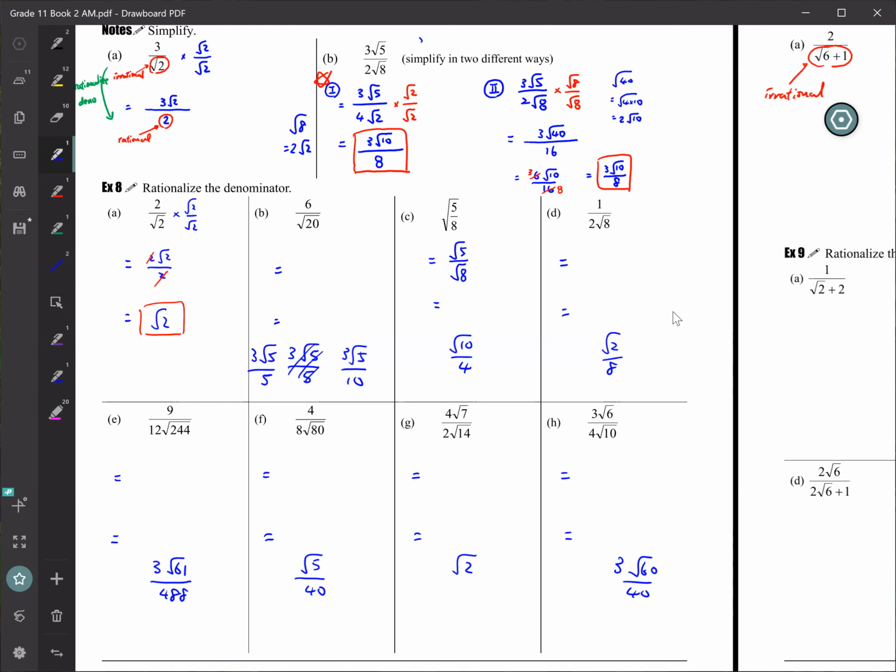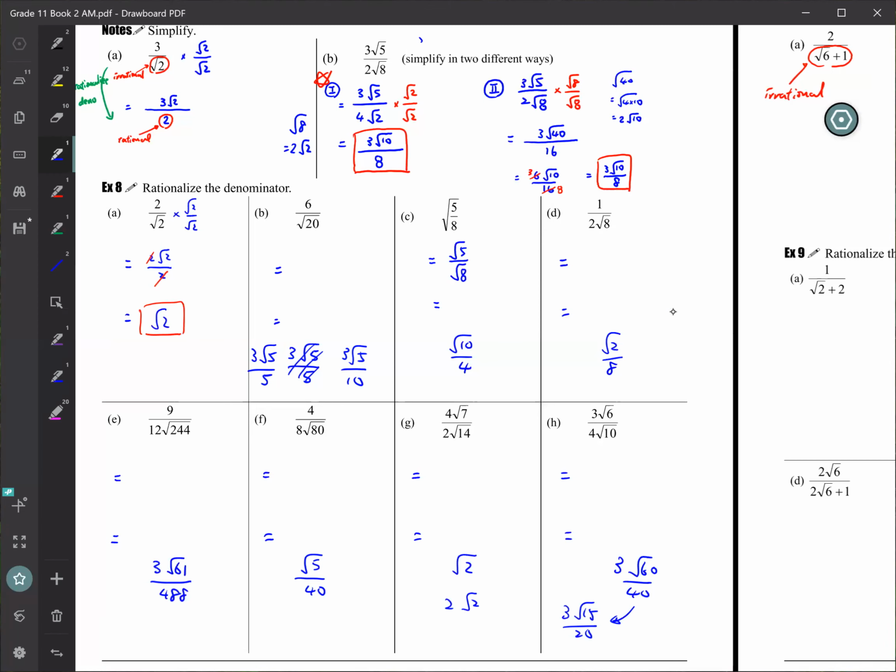I got 2 root 2 for G, and I got 3 root 15 over 20 for H. Sorry, I forgot to simplify. I have 3 root 15 over 20 as well. That's also a common thing to forget. Remember on your homework, double check your final answer. See if there is any radical in the denominator, or anything you can take out from the square root.